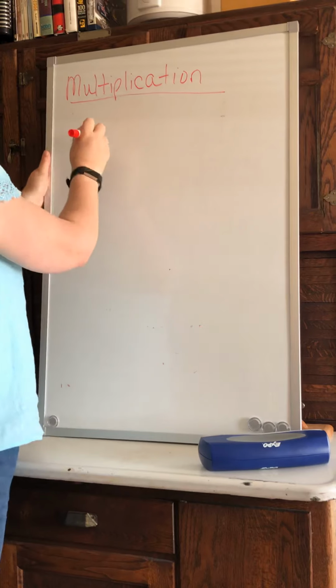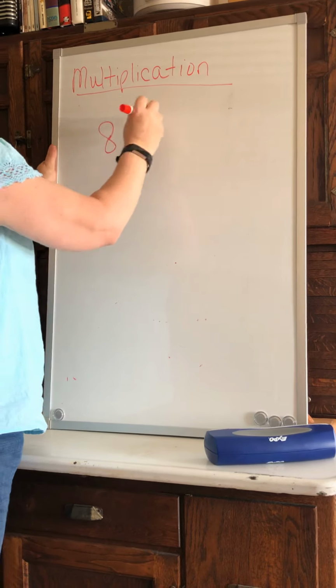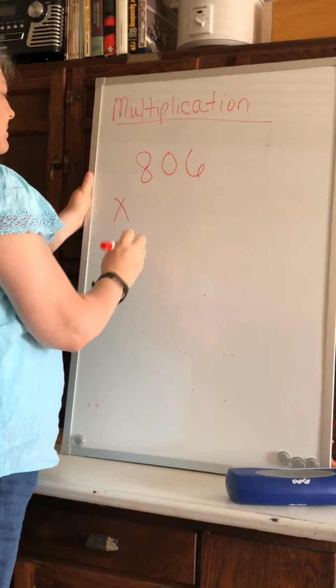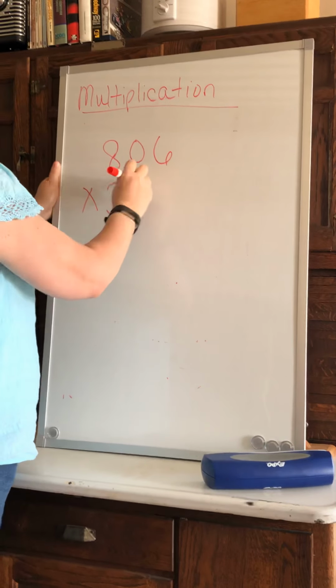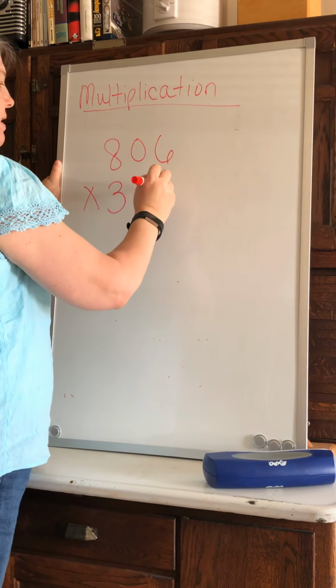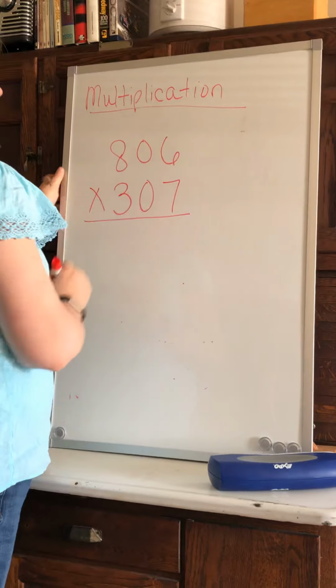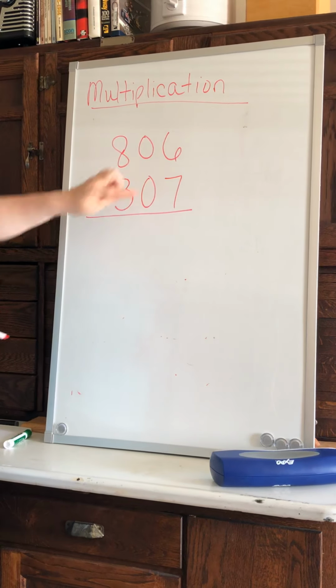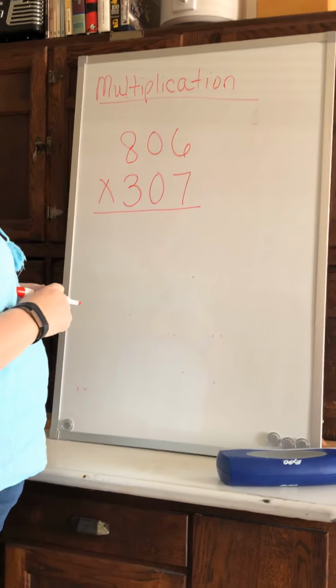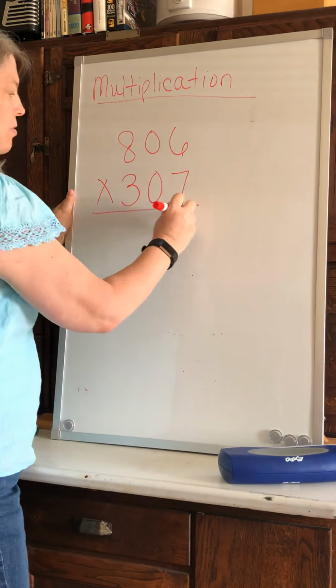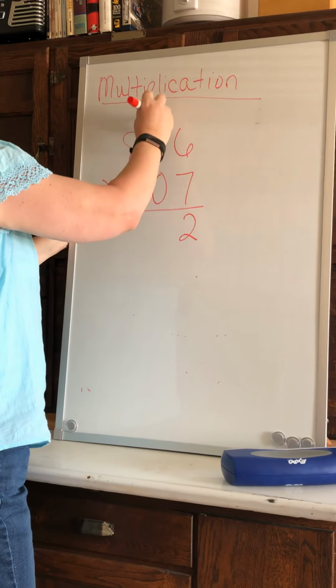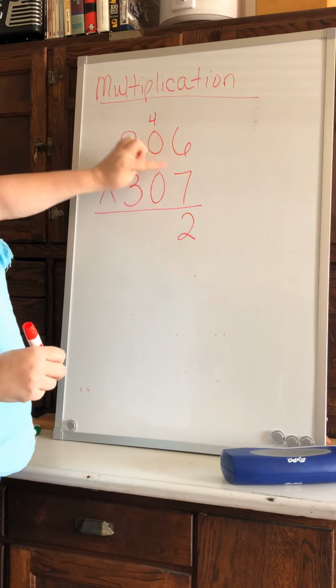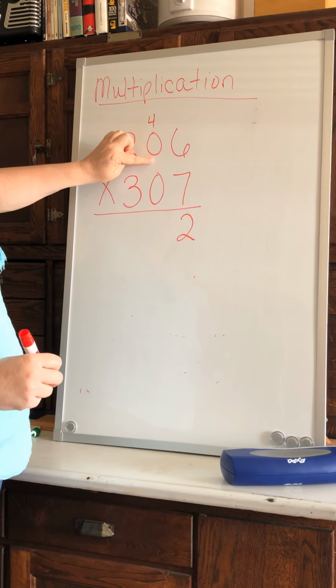Okay, how about 806 times 307? A little bit longer. Okay, 7 times 6 is 42. Carry that 4. 7 times 0 is 0.